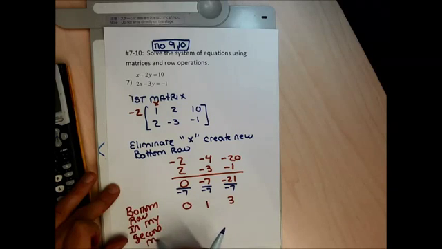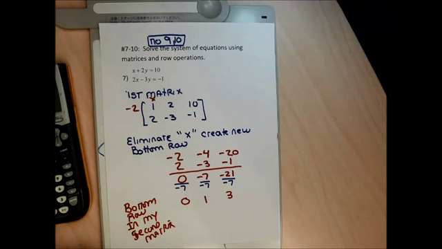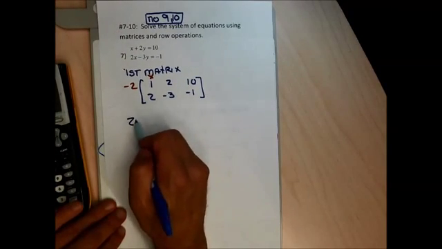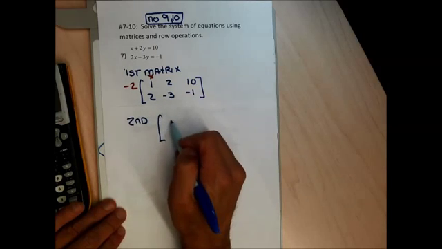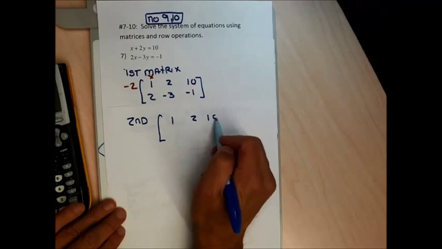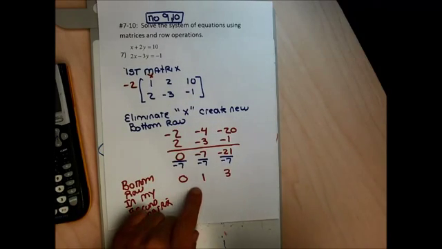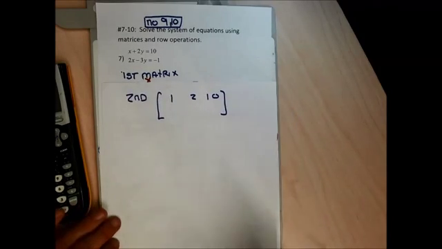The first matrix, you just pull off the coefficients from the original problem. Easy enough. The second matrix, you change the bottom row, but not the top row. So the top row in my second matrix stays the same at 1, 2, and 10. The second matrix gets a new bottom row, and the new bottom row is 0, 1, and 3.